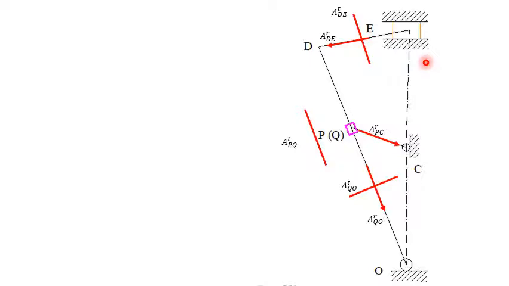Next, for the ram E, since it has sliding motion and the radius is infinite, the radial acceleration becomes 0. We have only tangential acceleration. ATEO is what we have to find, the tangential acceleration of E with respect to O.